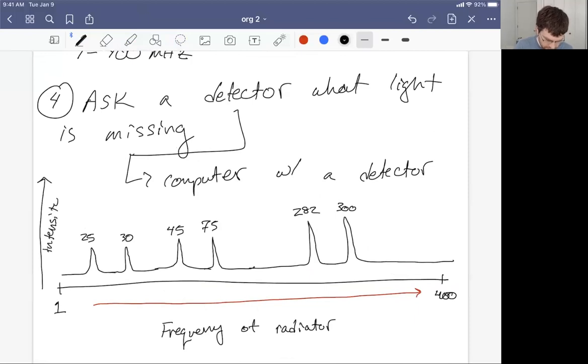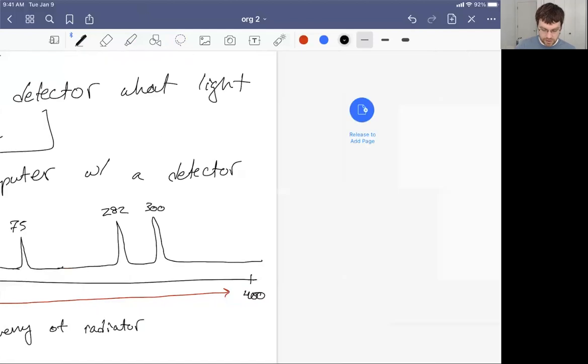So this is sort of an inverse plot. Where a low intensity indicates that all of the light passed through, a higher intensity means the detector received a lower intensity than it would have expected. Intensity, or sometimes abundance, is really helpful for the experimentalists, because now we can say, there are peaks at 25, 30, 45, 70, 282, and 300.